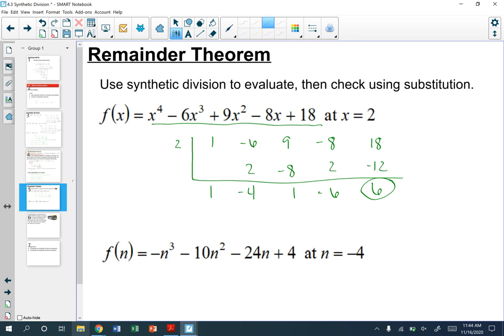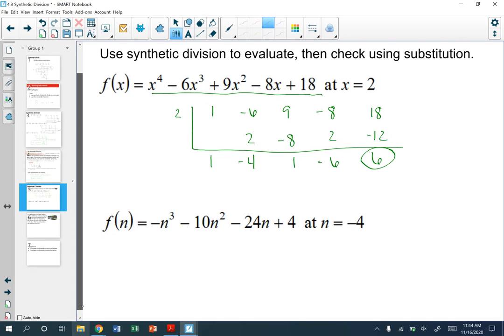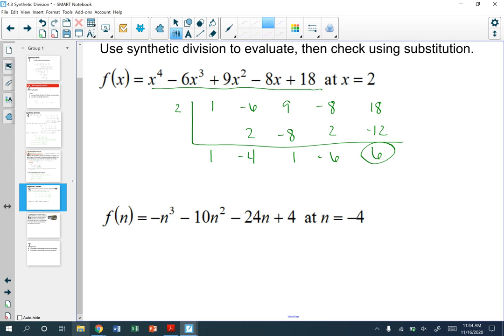And I do indeed get 6. So I honestly think in this situation as well, synthetic division is again faster, and I'm going to make fewer errors than I probably would punching into my calculator.